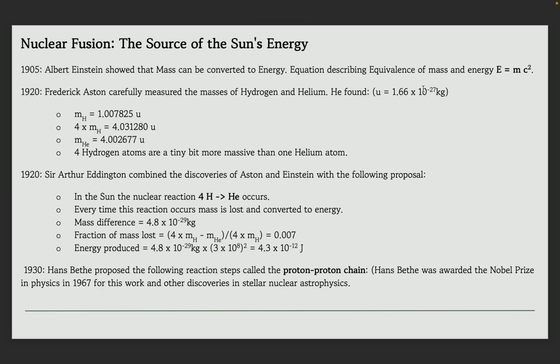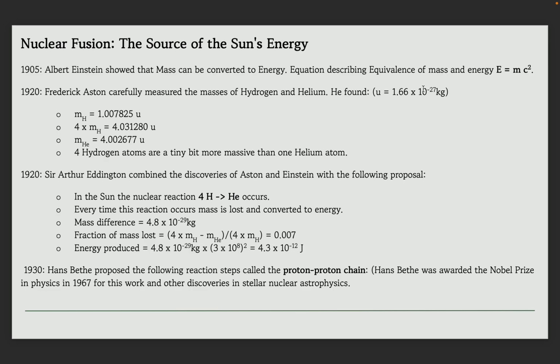Nuclear fusion is that source of energy for the sun. In 1905, Einstein showed that mass can be converted to energy by E equals mc squared. In 1920, Frederick Aston measured the masses of hydrogen and helium.